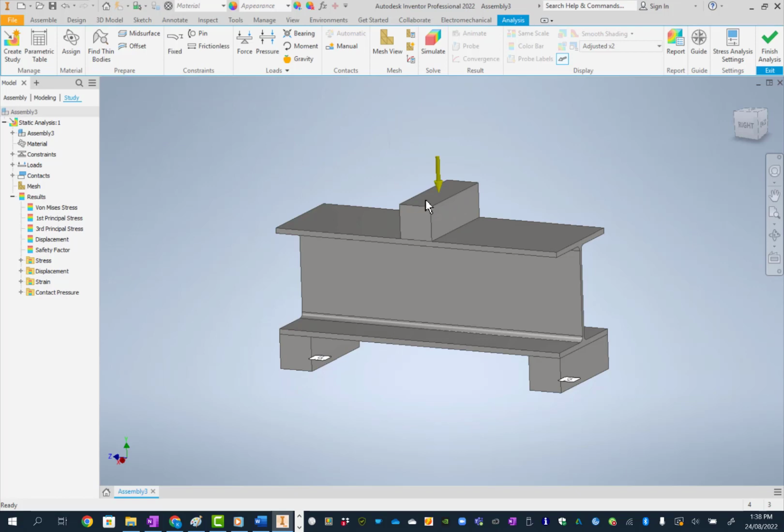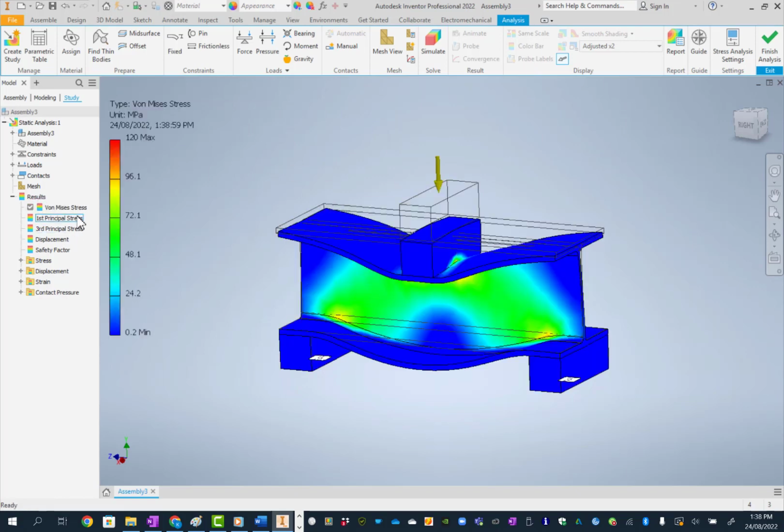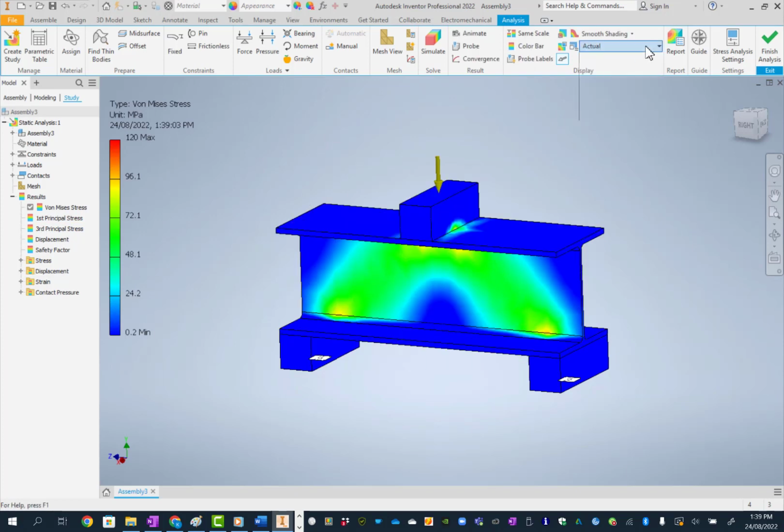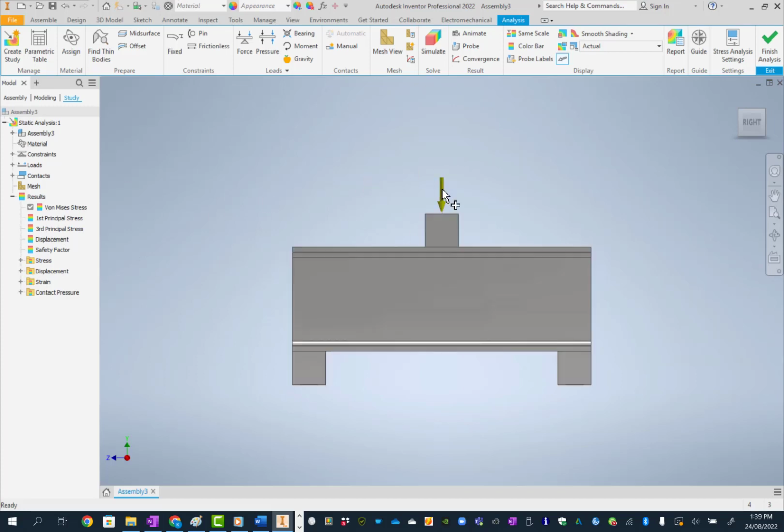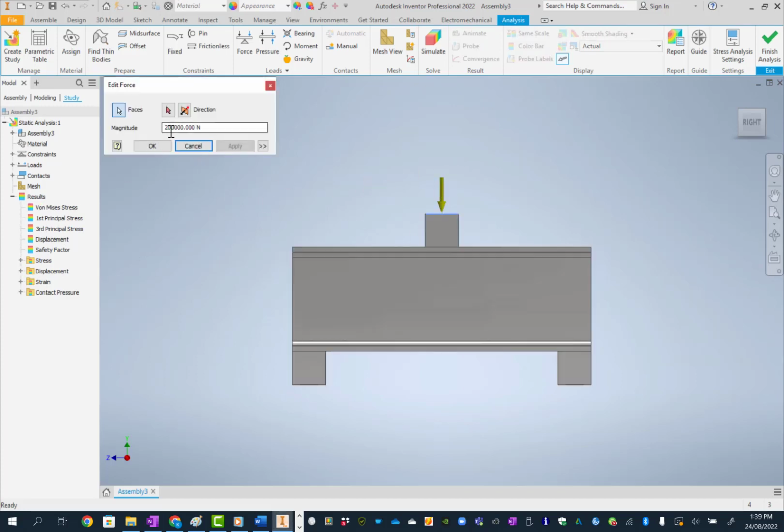Pretty big load. So if we now look at what happens to this beam, this is a 300 deep beam, 300 millimeters deep, and we're applying 200 kilonewtons, 20 tons.